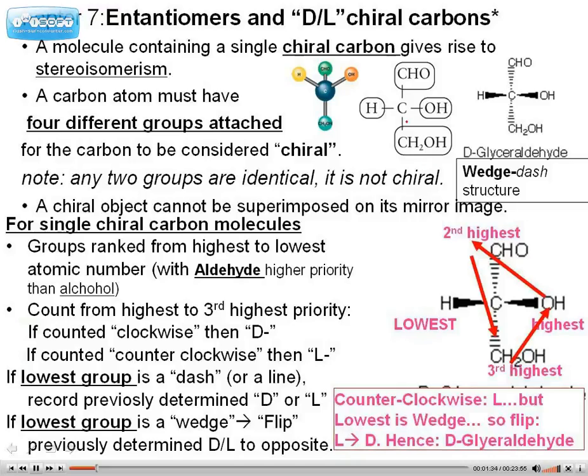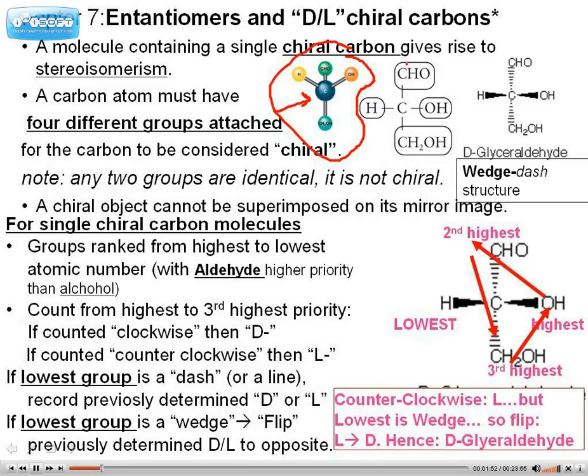A D form is one type of orientation, circling this molecule right here, it's one type of orientation around the chiral carbon. And the L form is the opposite form of rotation.